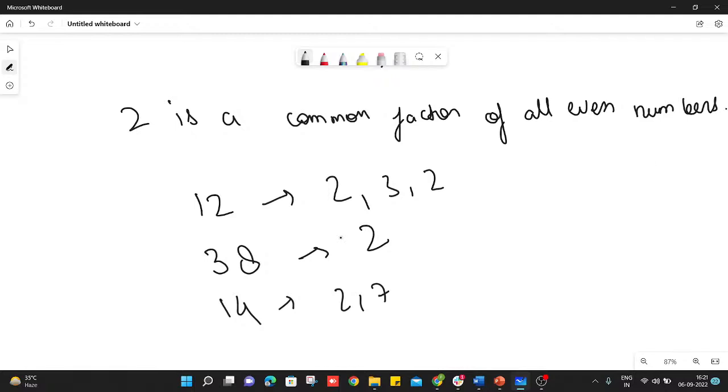Just like we have figured out that 2 is a common factor of all even numbers.